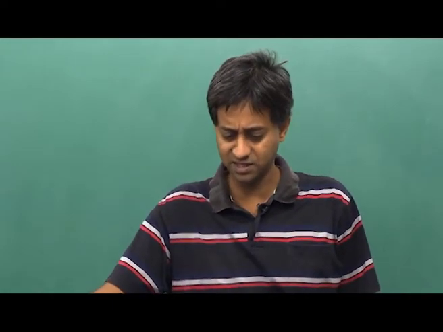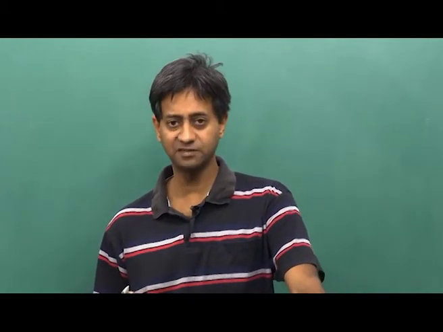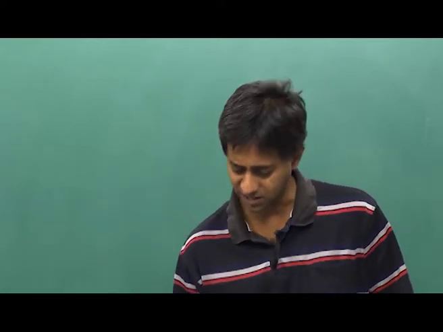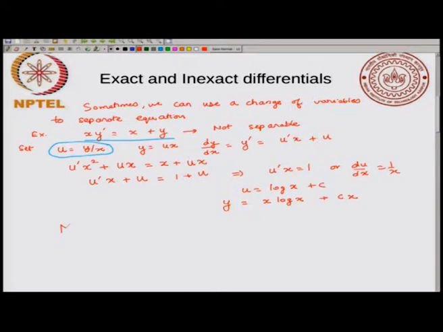To answer that question, we will address the issue of exact and inexact differentials. Here we will rewrite the differential equation in a slightly different form: m of x y dx plus n of x y dy equal to 0.